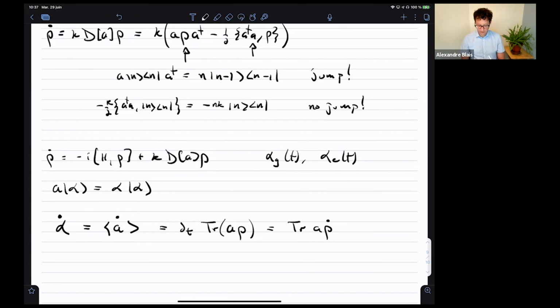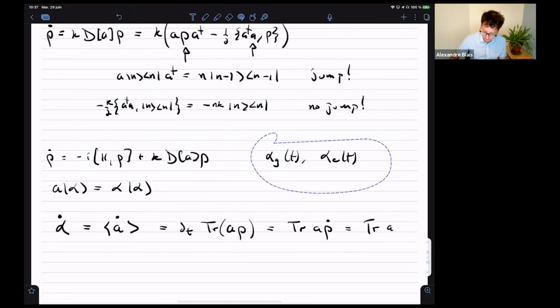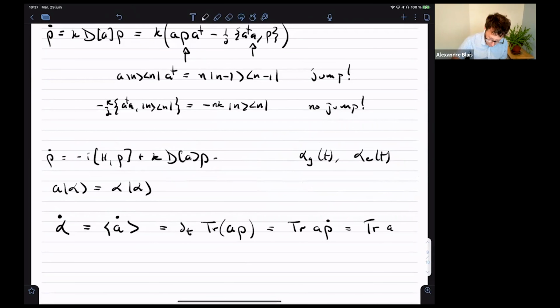A is in the Schrodinger representation, so A doesn't depend on time. Rho does depend on time. But I know exactly what rho dot is, because rho dot is exactly this object, which commonly we write in a more compact form.